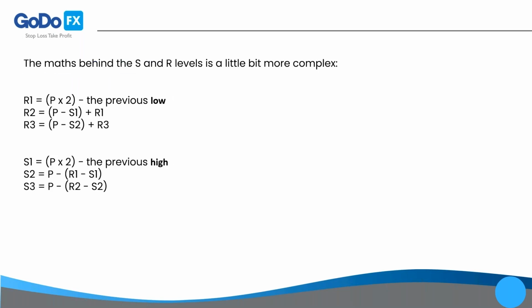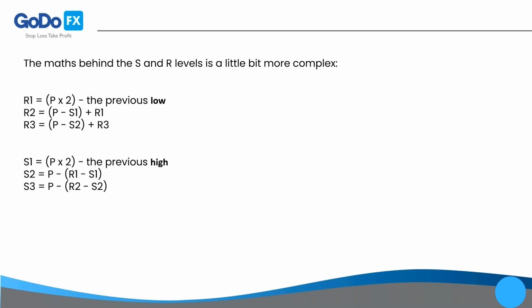The math behind the S and R levels is a little bit more complex. So how do we calculate R1, R2, R3? R1 is calculated by pivot point times 2 minus the previous low. The previous low is the one that was closed the day before. R2 is equal to P minus S1 plus R1.